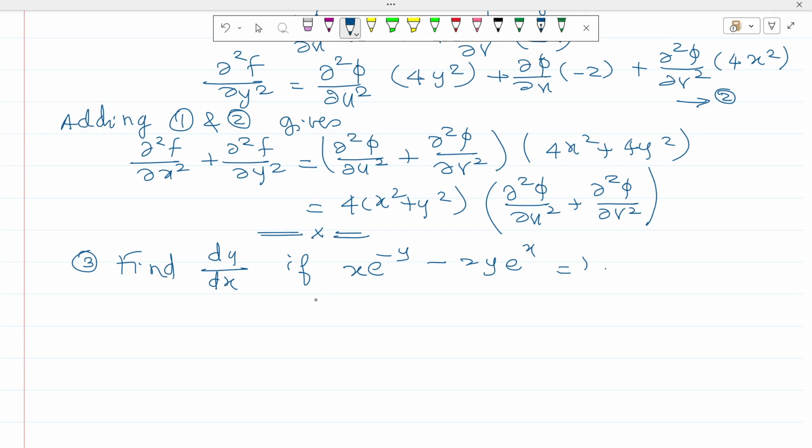So this type of function is known as, in the format of f(x,y), that's equal to x e^(−y) − 2y e^x − 1 equal to 0.